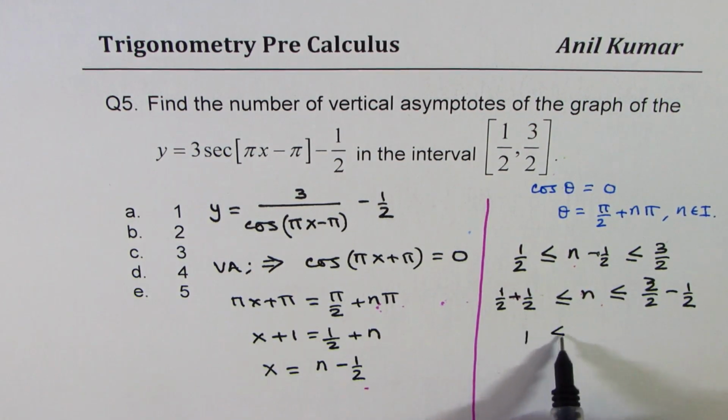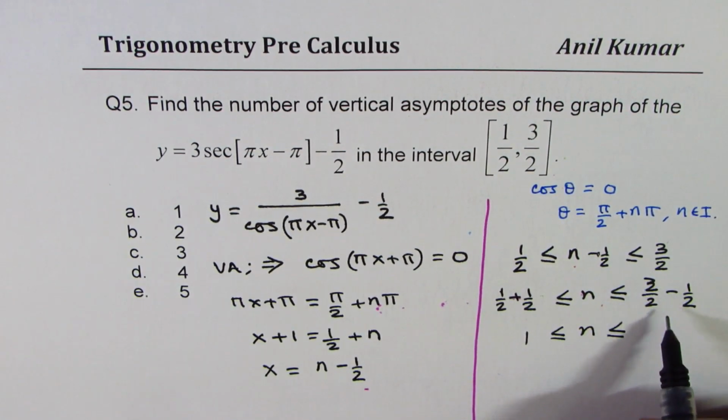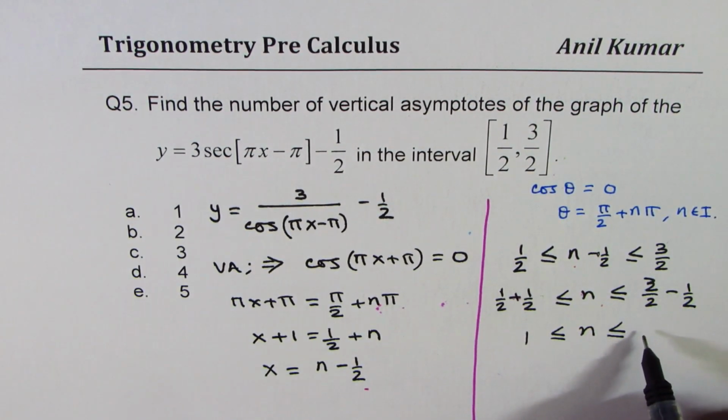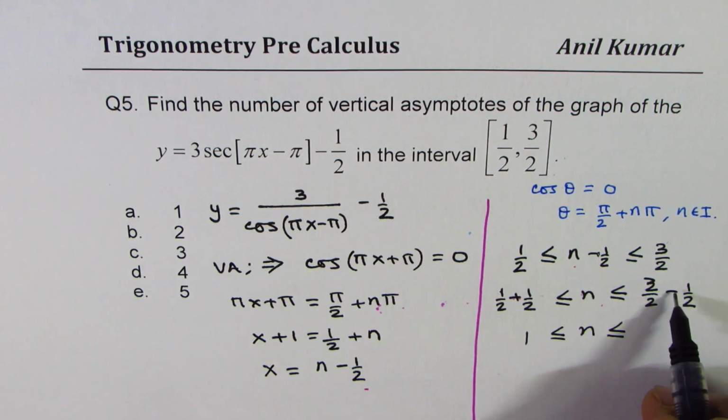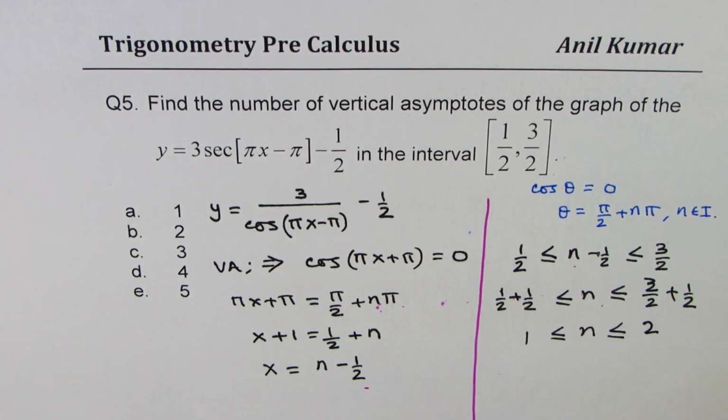So this is 1, and we have to add 4 over 2, which is 2, right? So n is greater than or equal to 1, less than or equal to 2. That means n could be equal to 1 or 2. So these are the two possible values for n.